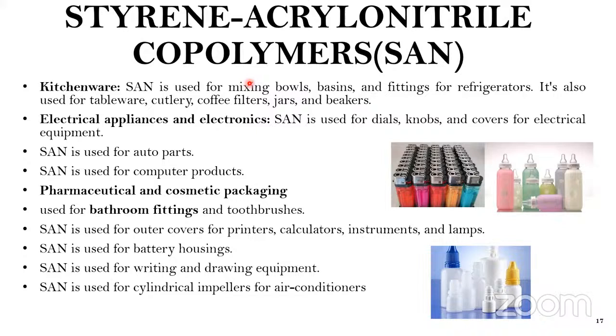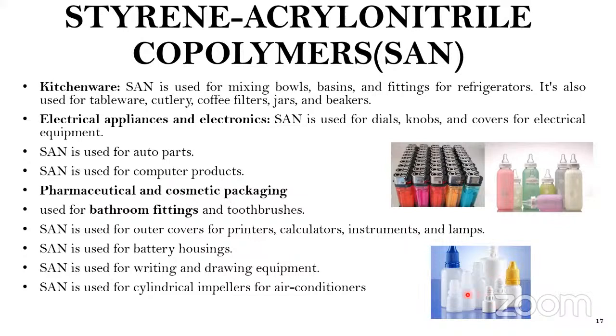In electrical appliances, as I told you, knobs, dials, or covers for electrical equipment. It is used in the auto parts and automobile industry, also due to its higher impact strength. It is used in computer products and pharmaceutical and cosmetic packaging.